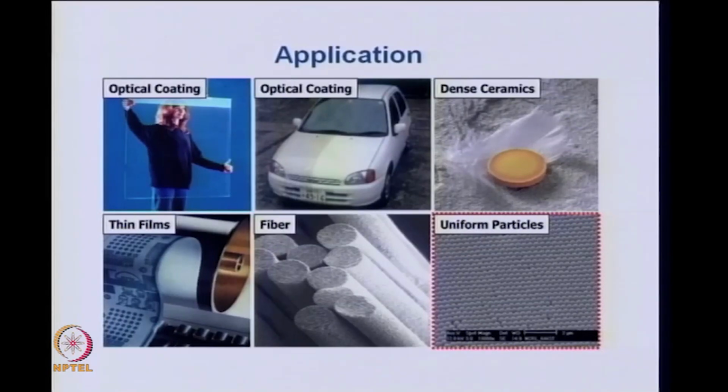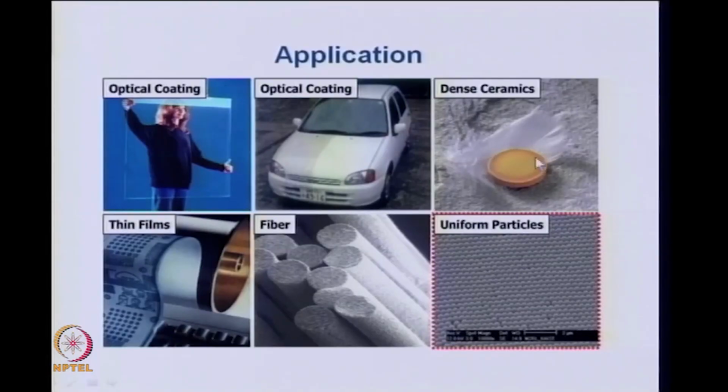For some specific applications maybe you need only IR wavelength of light to pass through, then it will require a coating of a different kind than one which passes only visible. So, these are applications for optical coatings. Then you can have similar optical coatings on the car windows.